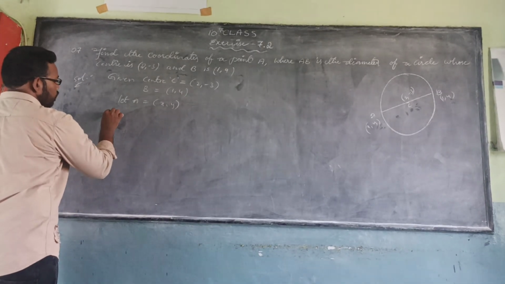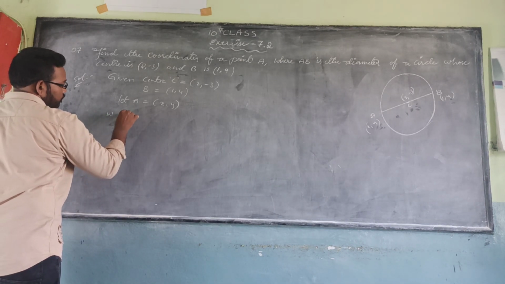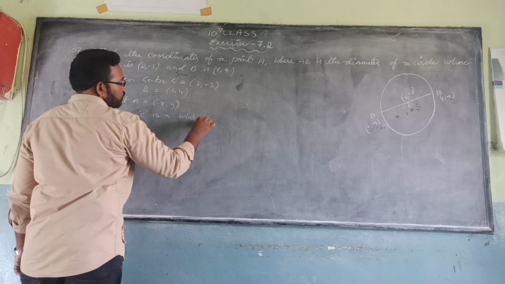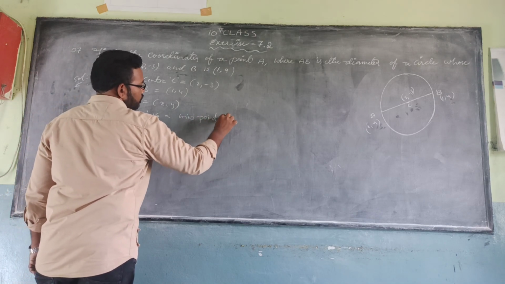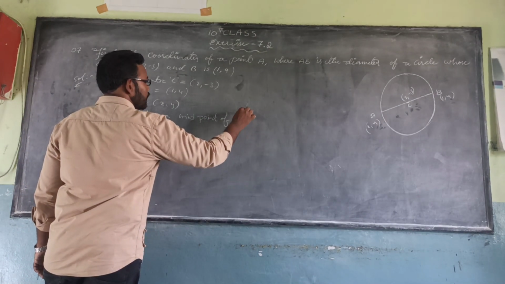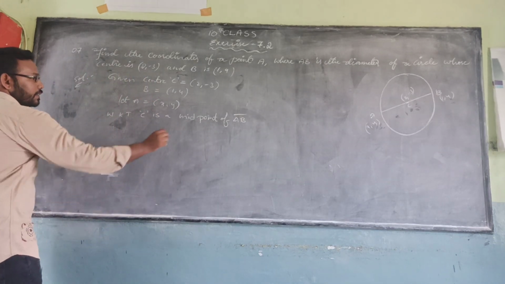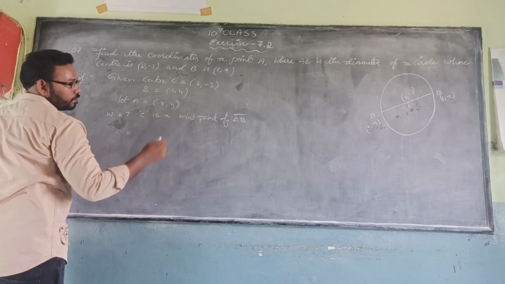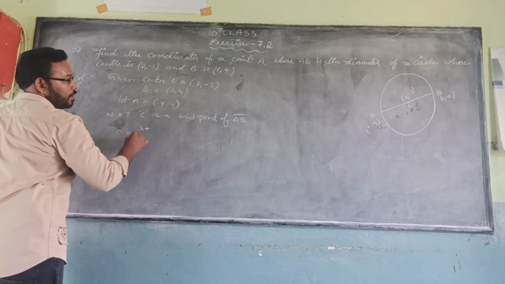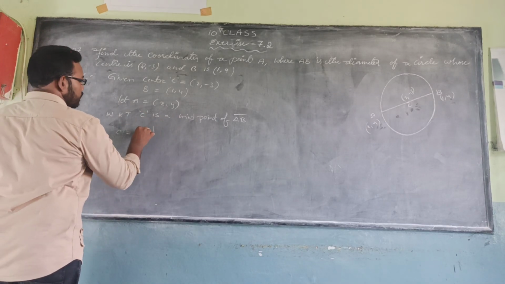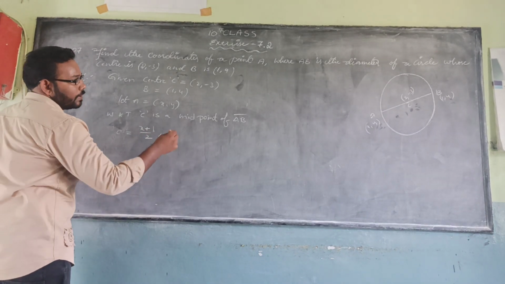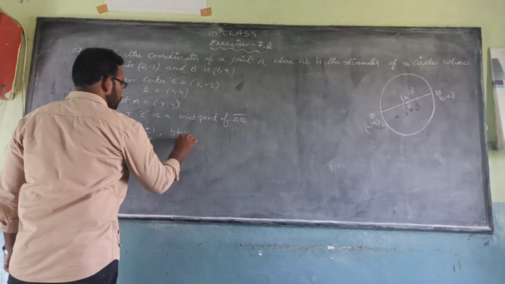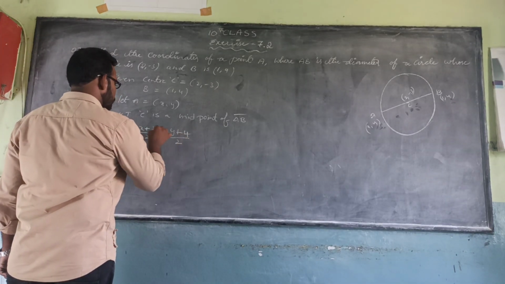So we know that C is the midpoint of line segment AB. So here, C is equal to (x1 is x plus x2 is 1, by 2, comma, y1 is y plus y2 is 4, by 2).